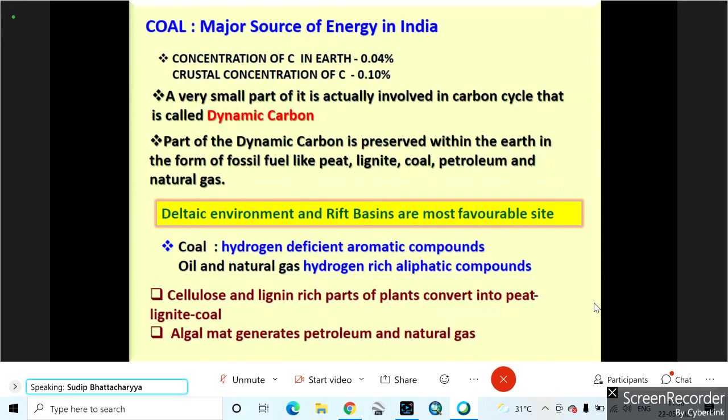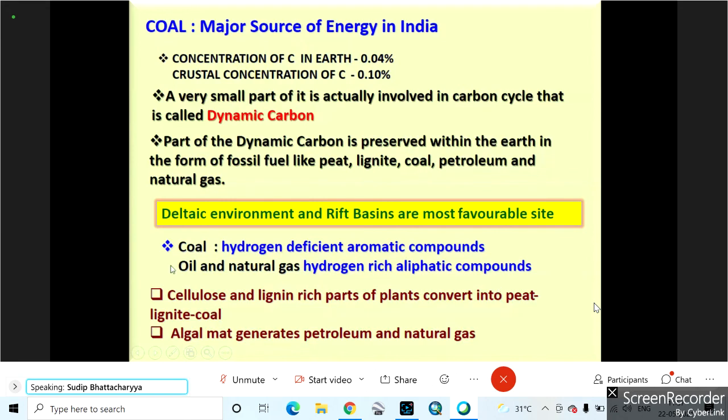So coal is a major source of energy, and the most important part is that a very small part of the carbon cycle is dynamic carbon, and it is being entrapped within peat, lignite, coal, petroleum and natural gas as a part of the fossil fuel, solid or liquid. If it is coal, it is hydrogen deficient, definitely aromatic compounds. If it is oil and natural gas, it is hydrogen-rich aliphatic compounds.